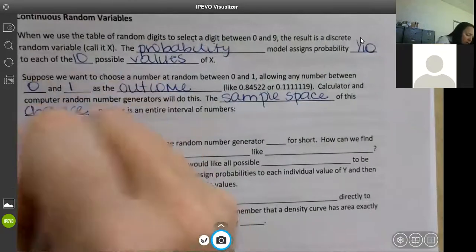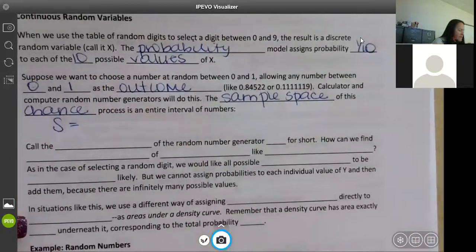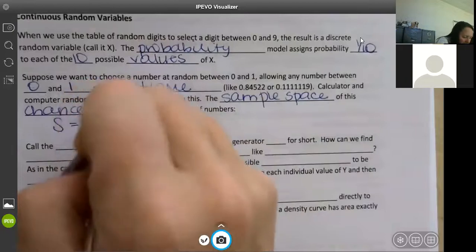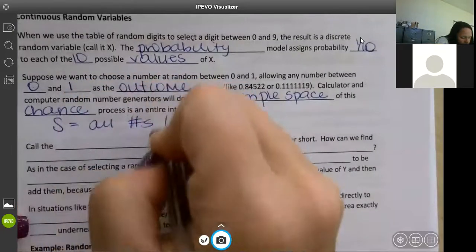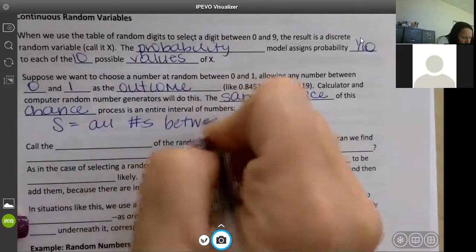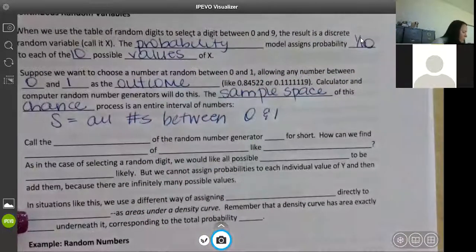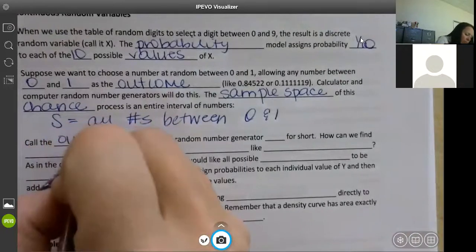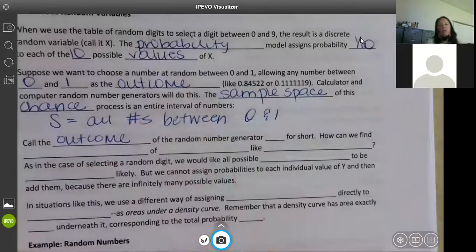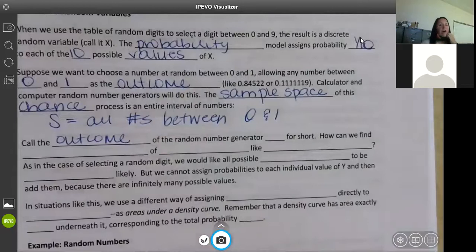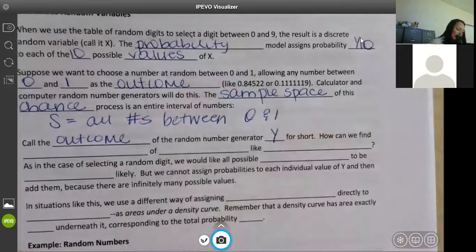So your S, we talked about S representing the sample space, are all numbers between 0 and 1. So call the outcome of the random number generator Y for short.